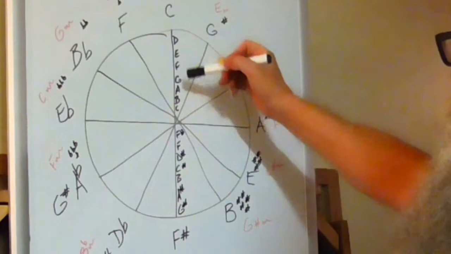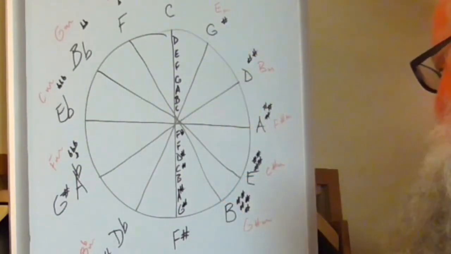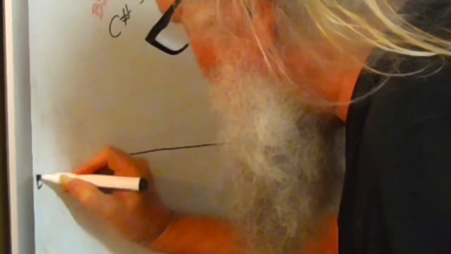You can relate this to being a string. So if you take one string, let's call this the E string.